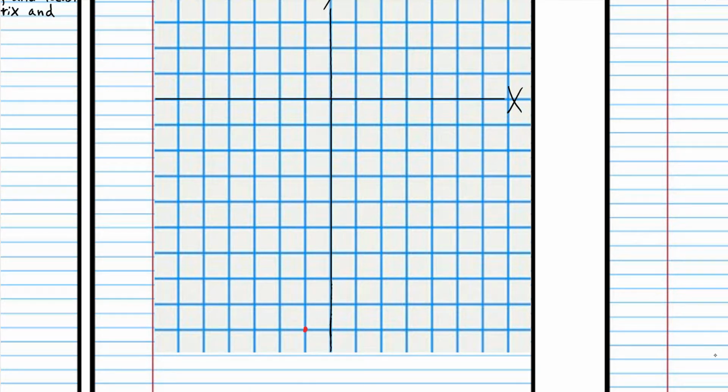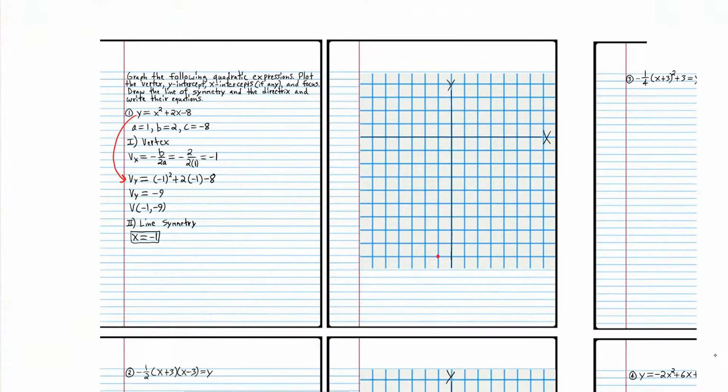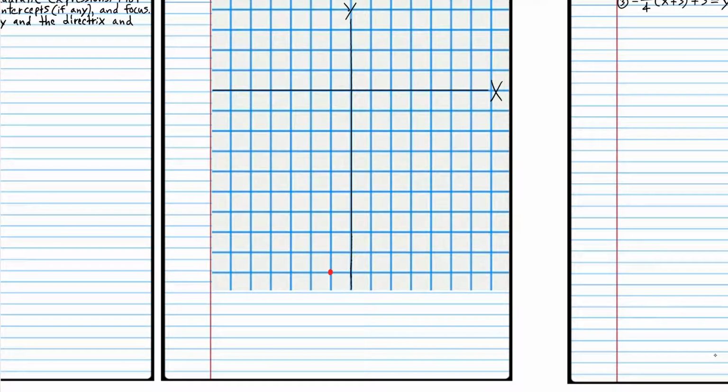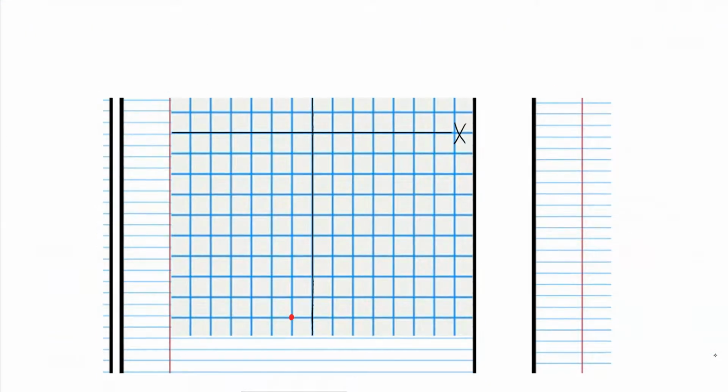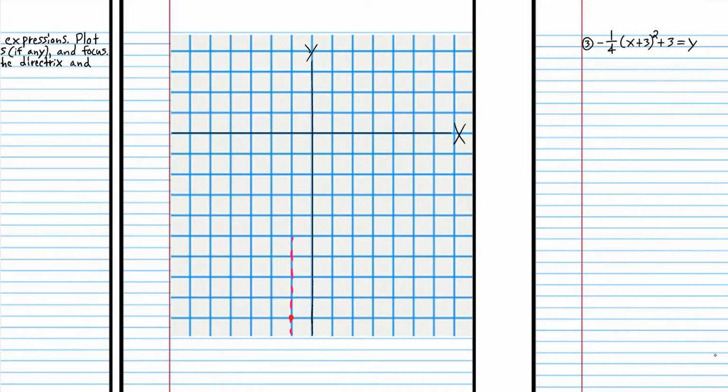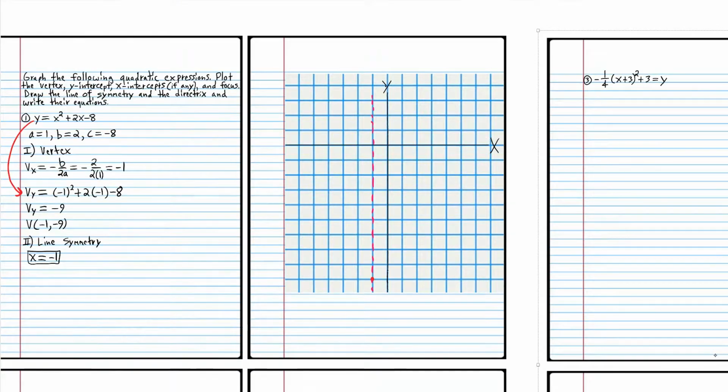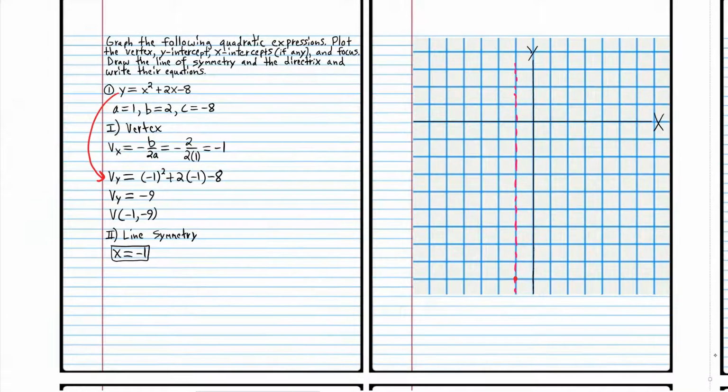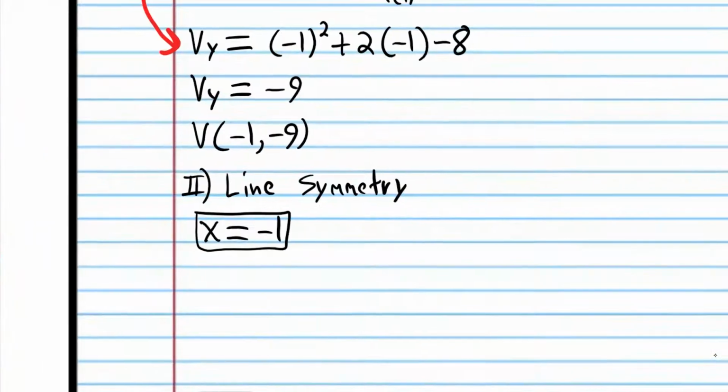So that point right there. And the line of symmetry is going to go right through that. It's always vertical. So again, this is all review. We're just doing everything for each graph now. So that was pretty easy.